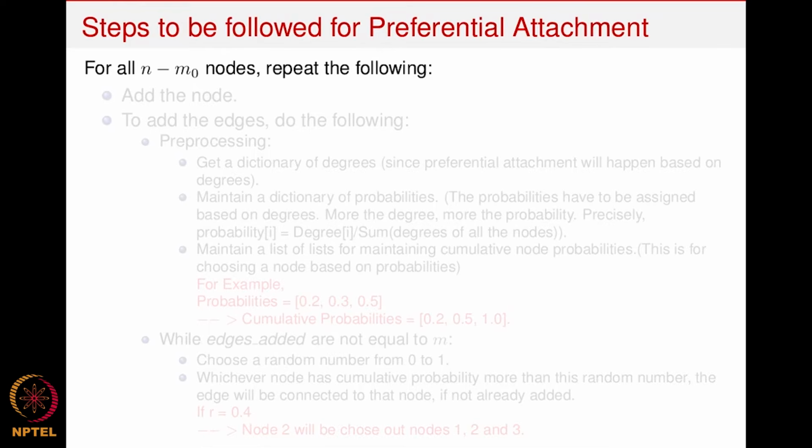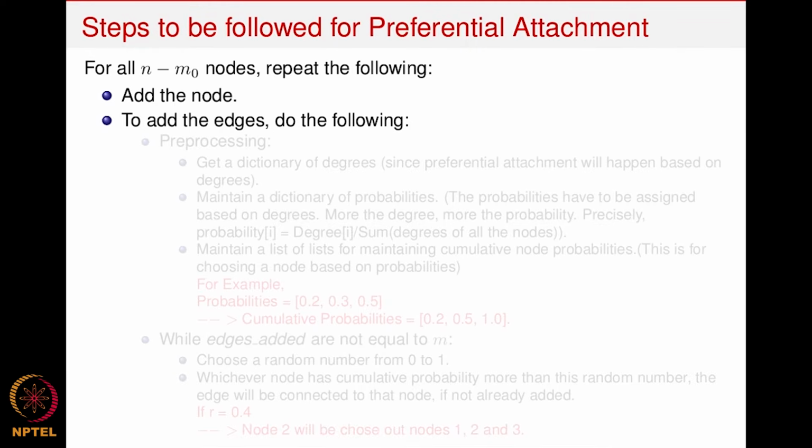Okay, so we have to add n minus m0 nodes one by one. So firstly, we'll add the node to the network. The next step is to add m edges from this node to the existing nodes in the network. Now, how are we going to decide the nodes that are going to be attached to this new node?